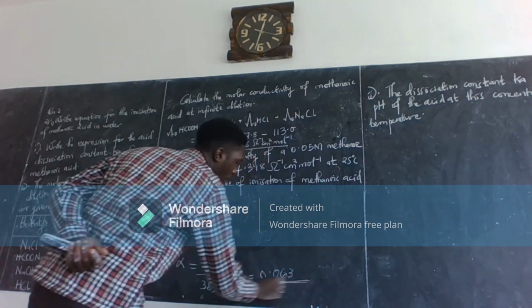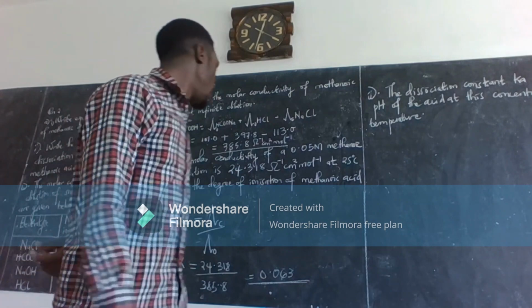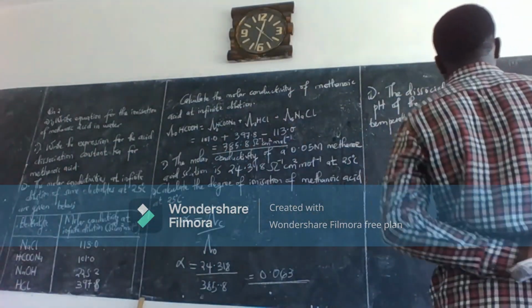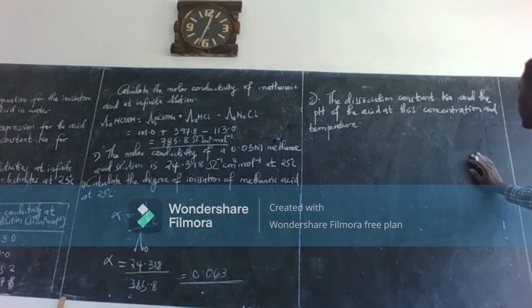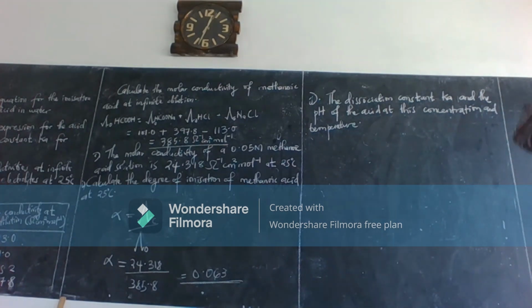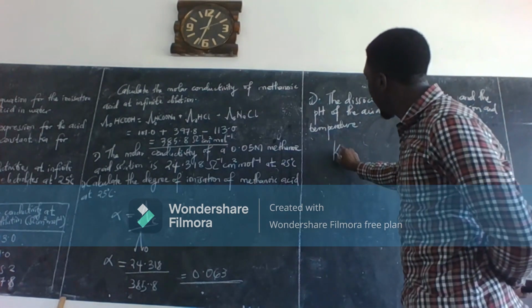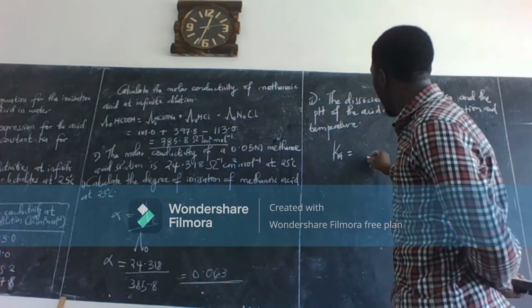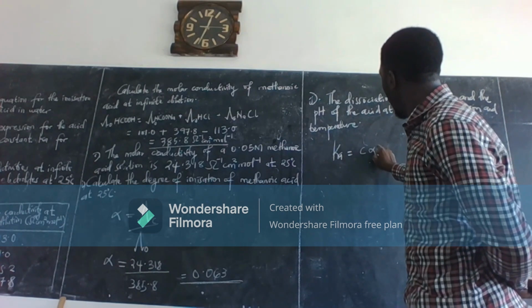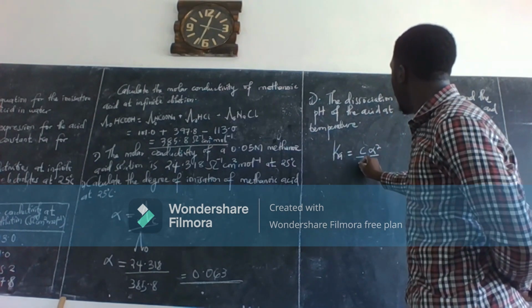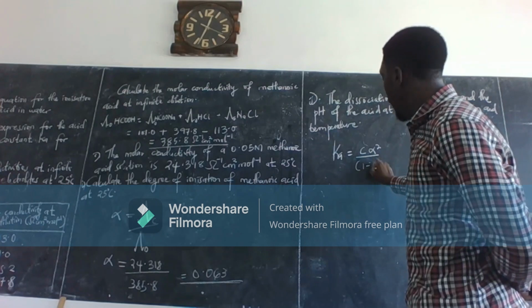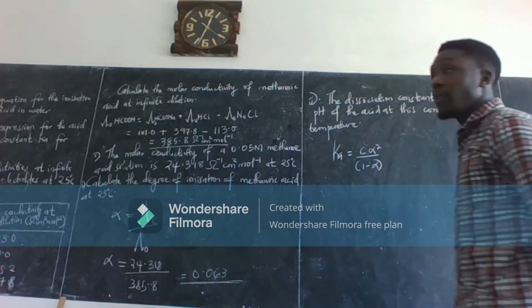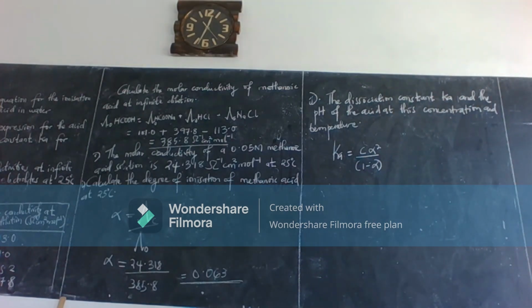That is our degree of dissociation alpha. Then calculate the dissociation constant Ka and the pH of the acid at this concentration and temperature. So Ka equals C alpha squared divided by 1 minus alpha, where alpha is the degree of dissociation.